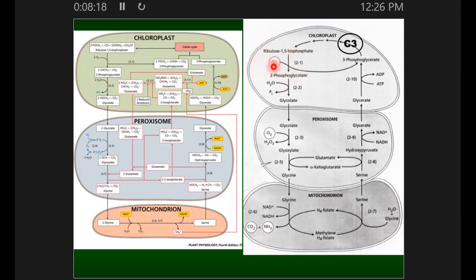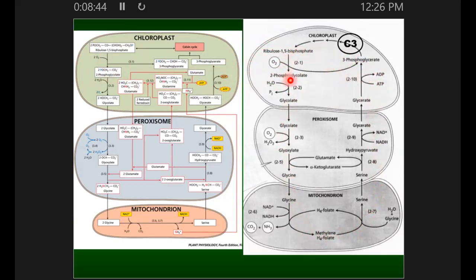And you have to imagine Rubisco sitting there. And when you do that, you get a molecule of PGA, which is great because that can feed right into the C3 cycle. But then the phosphoglycolate, you can see on the left here in both images, has to get sent through all of this in order to get converted to a PGA.